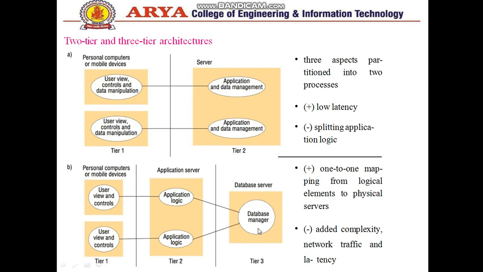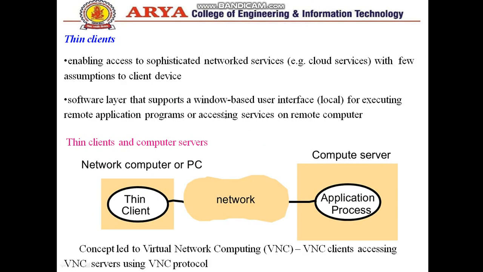The three tier architecture basically has tier 1, which consists of personal computers or mobile devices. Then in the middle, tier 2 is your application, with application servers and application logic, and tier 3 is your database servers. In tier 3 all the databases are stored, or database managers are there.